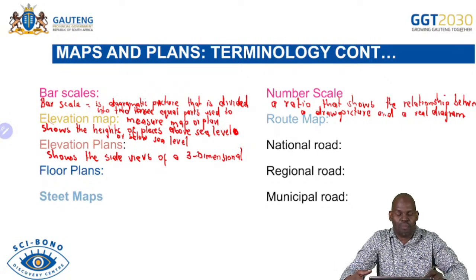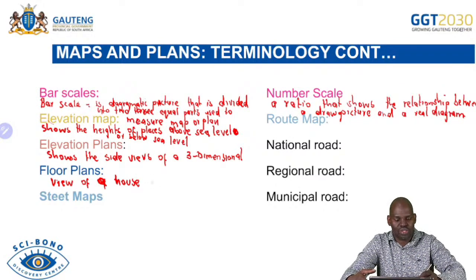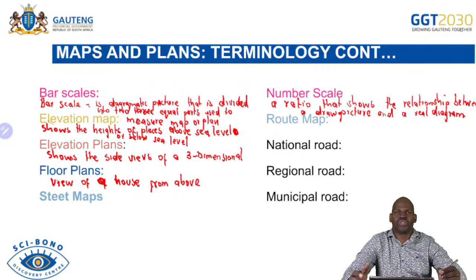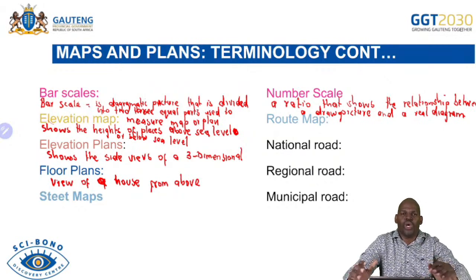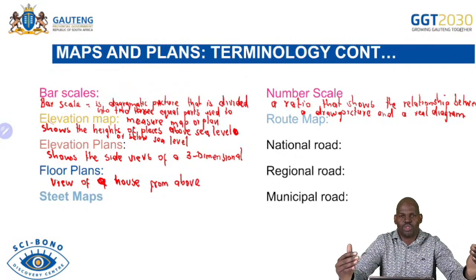And then we've got a floor plan. The floor plan is the view of a house from above. Think about the way you see the house from above, especially when the roof is removed.